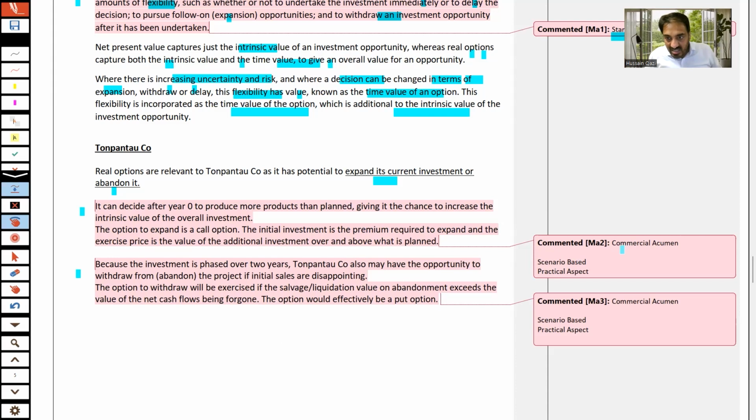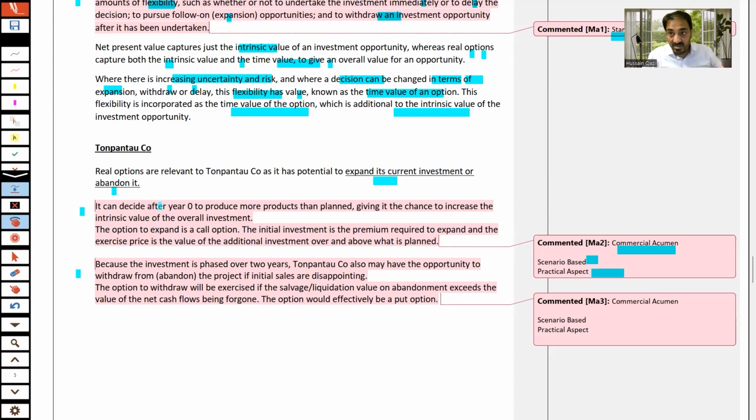That's mentioned here: commercial acumen, scenario based. Whenever you connect the things with the scenario, you are demonstrating your ability with respect to the practical version.